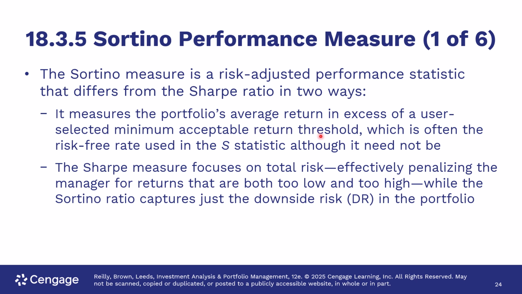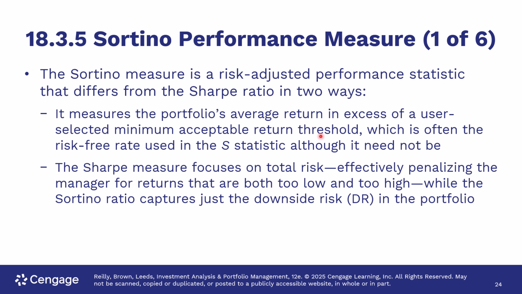So the person doing the analysis of the portfolio performance decides what to subtract there in the numerator. Remember, it's R bar, the average return on the portfolio, minus, in the Sharpe ratio and the Treynor measure, RFR bar, the average treasury bill rate during the time period. Here, they're saying, if you think there's something better than the treasury bill rate to put there in the numerator, do it.